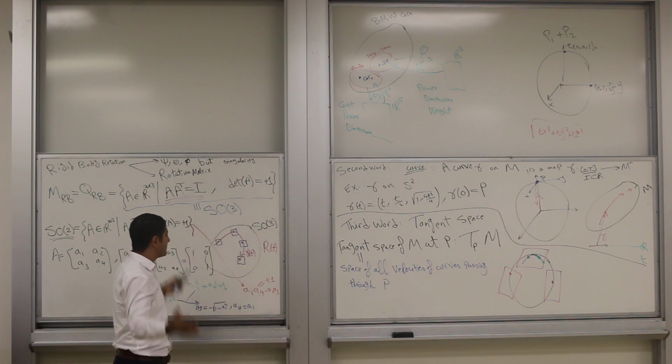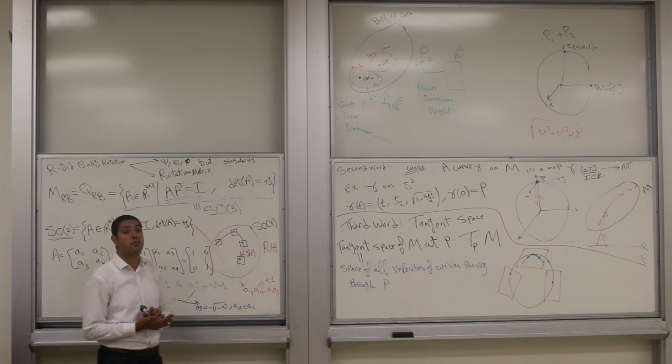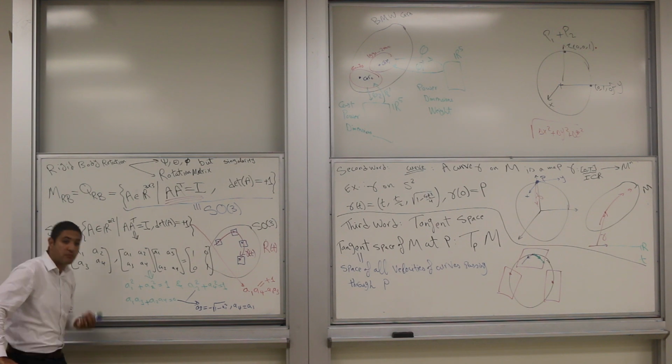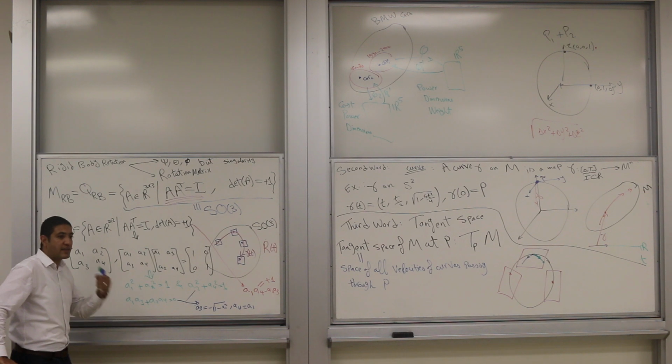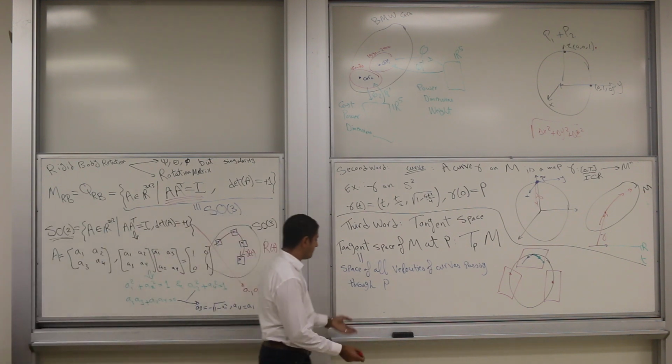And see all these velocity vectors, my space is composed of these vectors. So the tangent space is not composed of points, it's composed of vectors, and this is very important. The tangent space is a vector space, meaning you can add things together. So in the tangent space, I can add vectors together and multiply by constants.